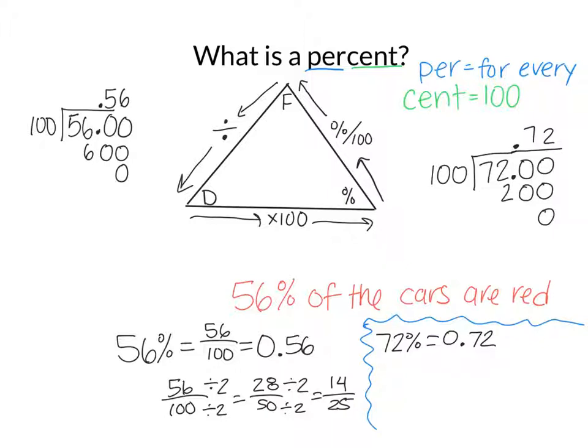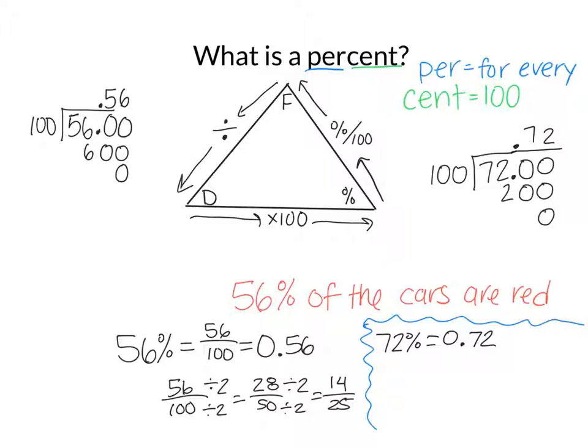So maybe you have noticed that the decimal and the percent look very similar, where we have both 72 and 72. We just changed the decimal. So here's a quick rule to help you.